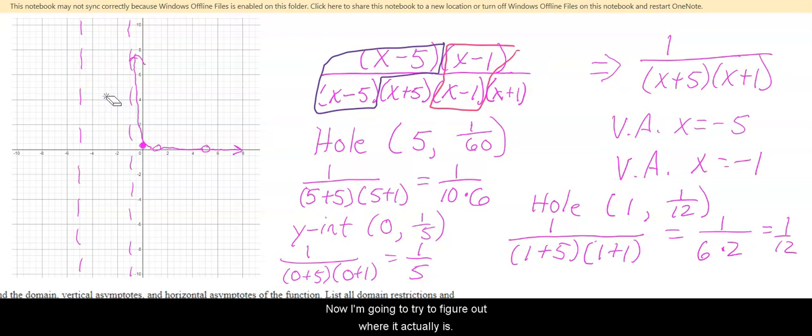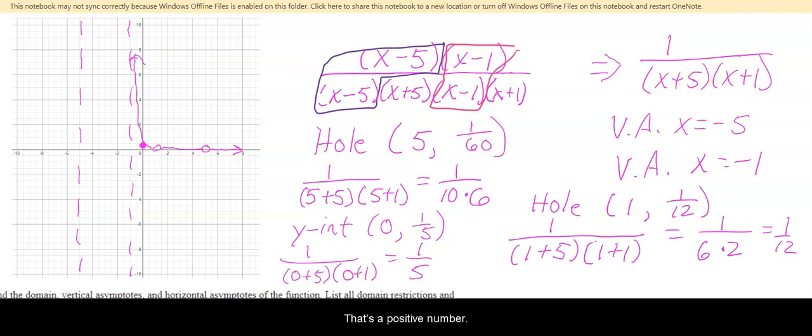Now I'm going to try to figure out where it actually is. What's a good test point between -5 and -1? You can use any point you want, but one good test point might be, say, -2. If I plug -2 into my reduced fraction, -2 plus 5 would be 3.